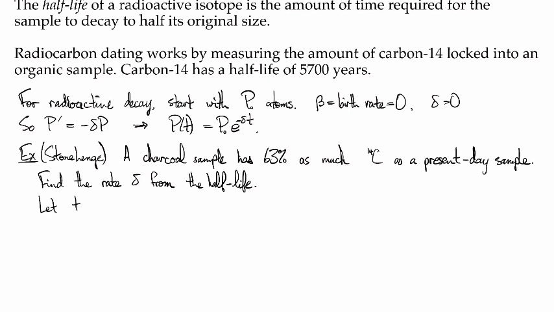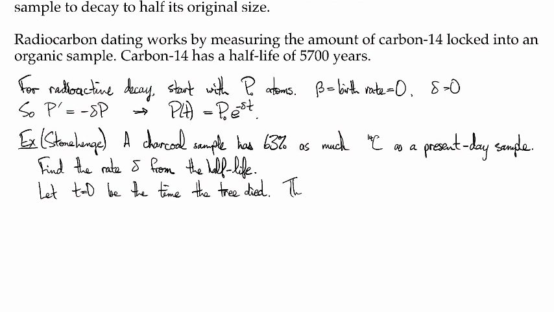Let's let t equal 0 be the time when the tree was killed. And we assume that it died relatively close to the time that it was used for firewood. Then the equation that we have is 1/2 of p is going to be p evolved forward in time by minus delta times 5,700.